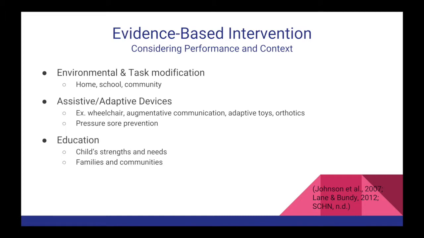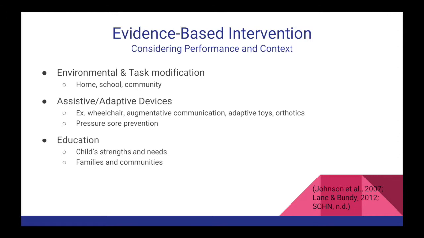As many children with spina bifida may spend the majority of their time seated in a wheelchair, part of our intervention should also include preventing the development of pressure sores. As is typical in most OT intervention, we must also provide education. At times, we may be required to educate families, teachers, other healthcare professionals, and even communities on our clients' strengths and needs.